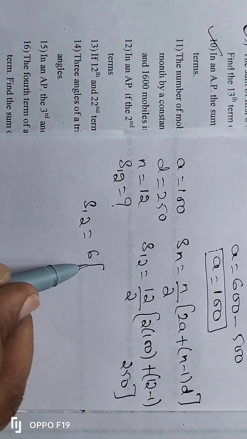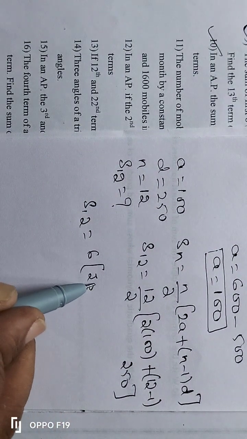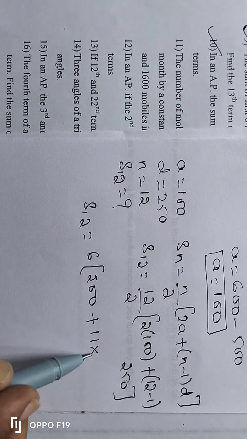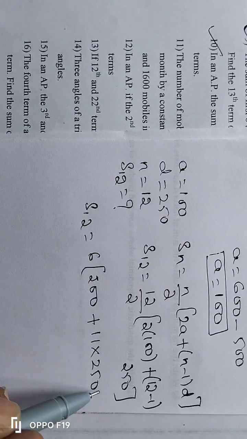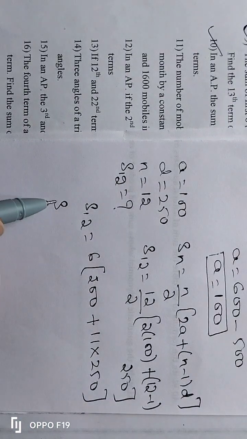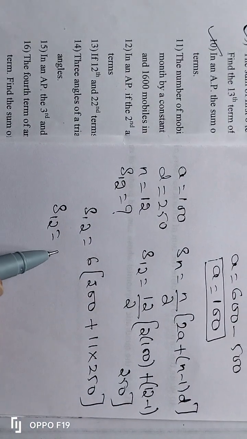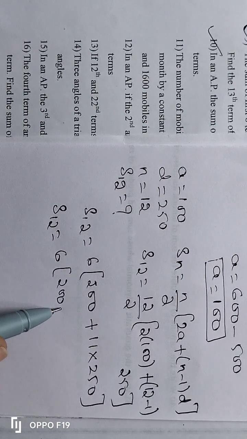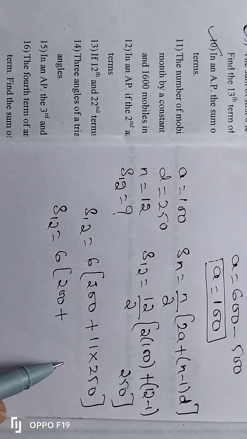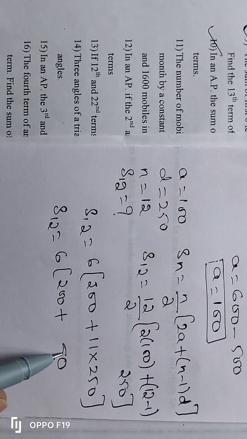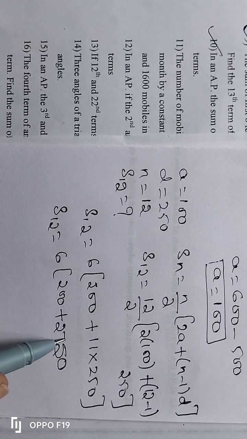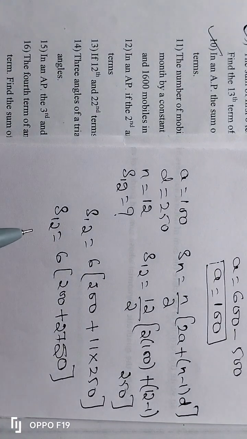It is 6. 2 into 100 is 200 plus 12 minus 1 is 11, 11 into 250. If you multiply, 11 zeros are 0, 11 fives are 55, 5 carry, 11 twos are 22, 22 plus 5 is 27.